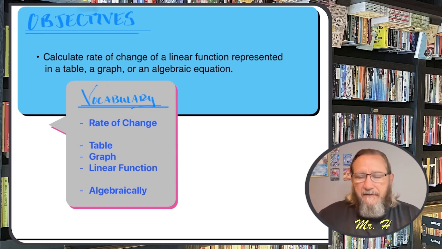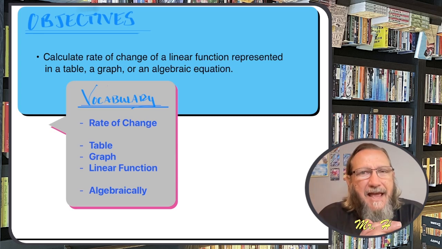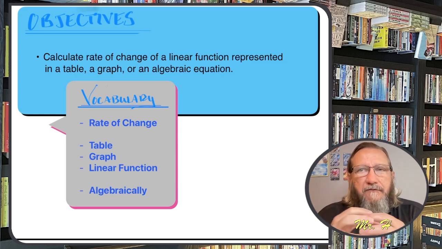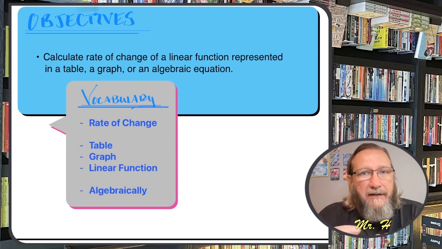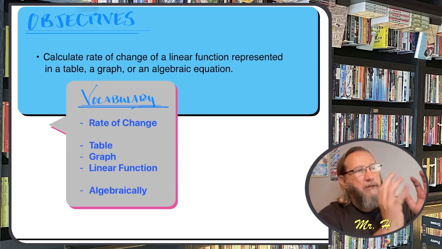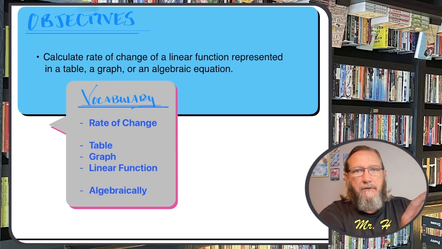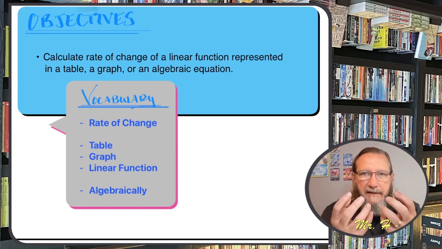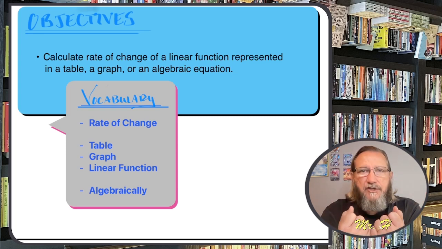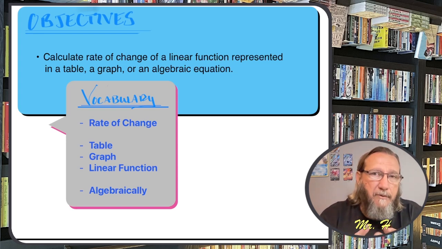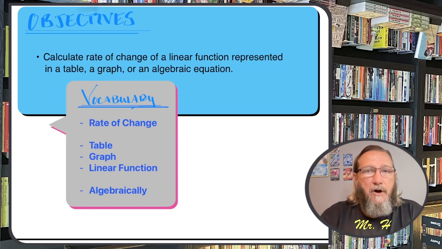Now, the last thing I've got on the list is this long word called algebraically. When we talk about solving something algebraically or figuring something out algebraically, that means we are not looking at a picture. We are literally taking some equations and using our addition property, subtraction property, multiplication property, division property, and manipulating an equation.